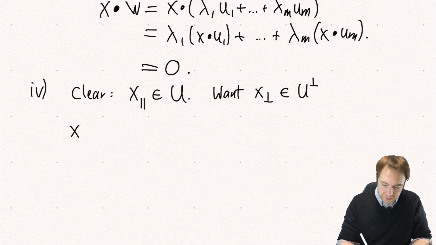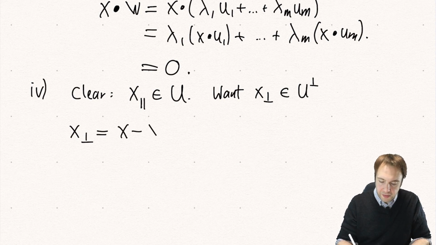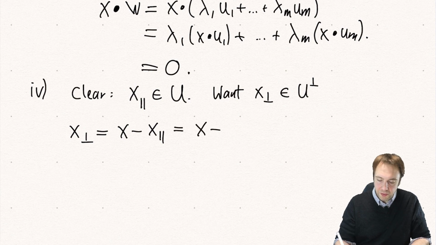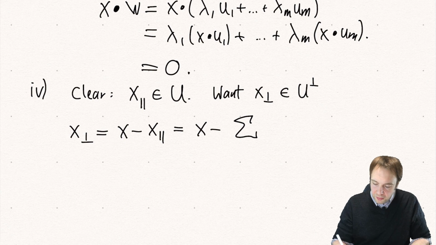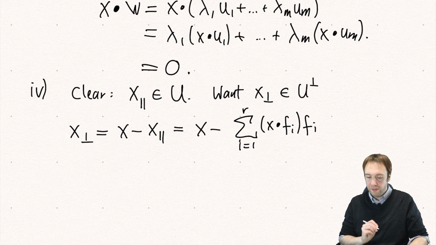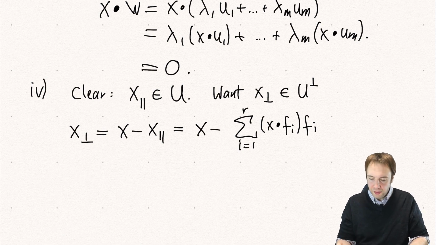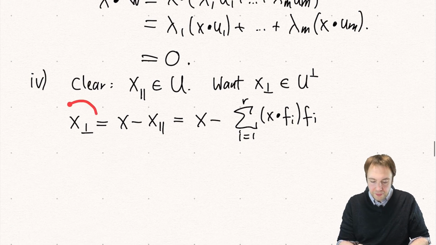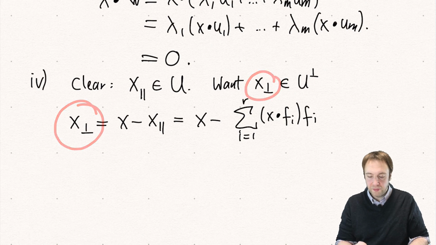So what is this? It was defined as X minus X parallel. X parallel was given by the sum here, I goes from 1 to r, and here I take the dot product of X with the basis elements Fi, like this. So this is the definition of this X orthogonal.